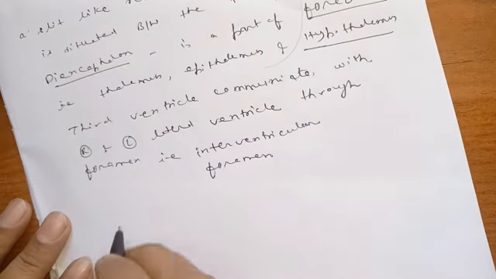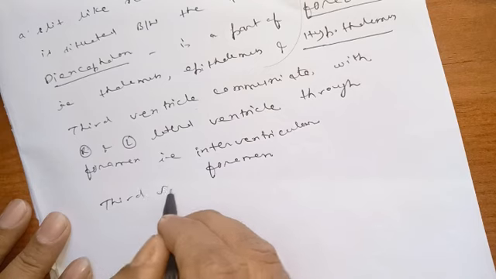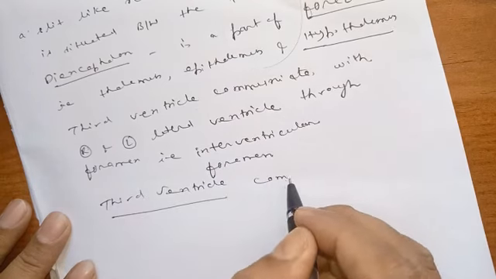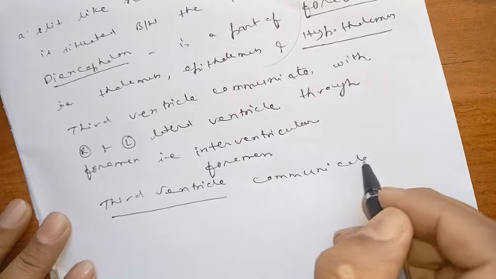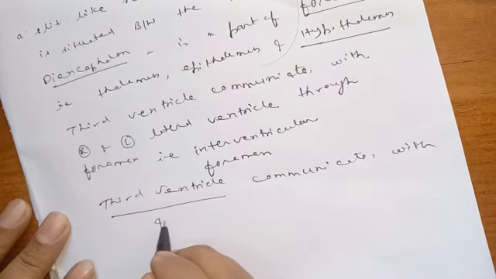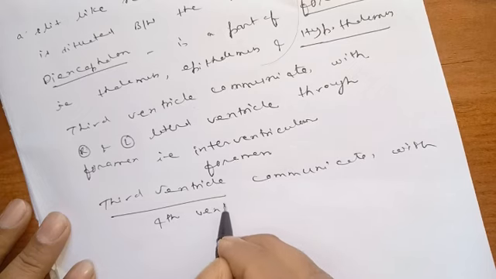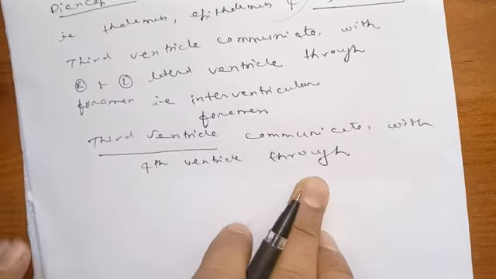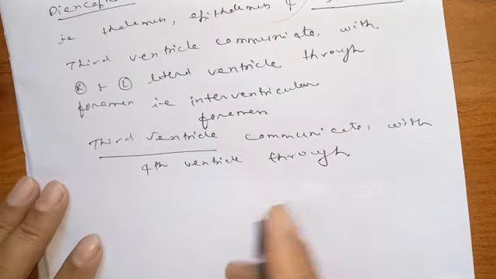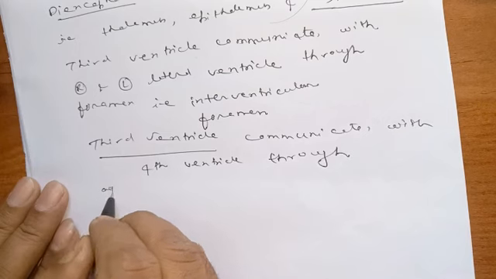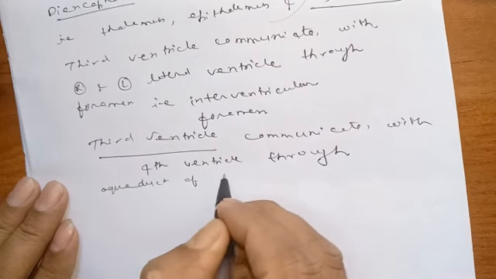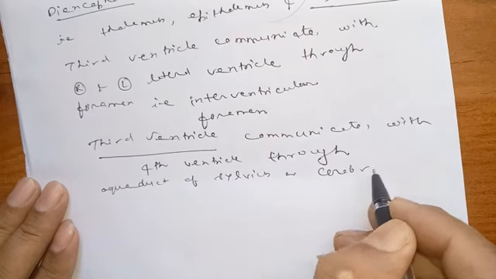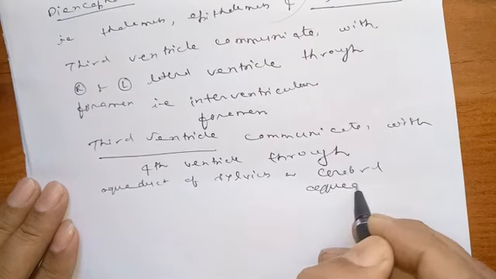And the third ventricle communicates with the fourth ventricle through the aqueduct of Sylvius, or cerebral aqueduct.